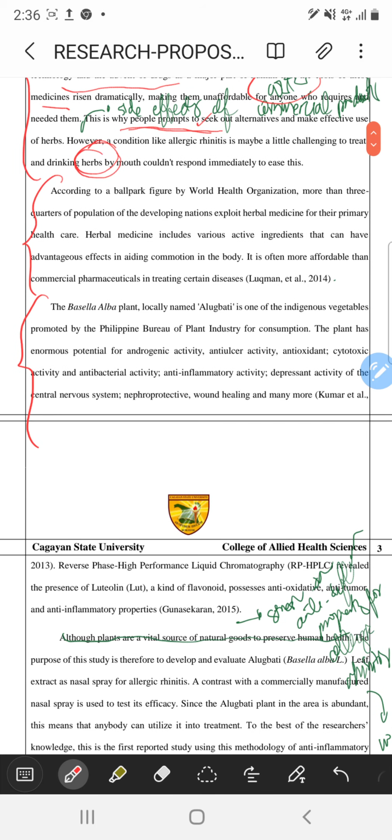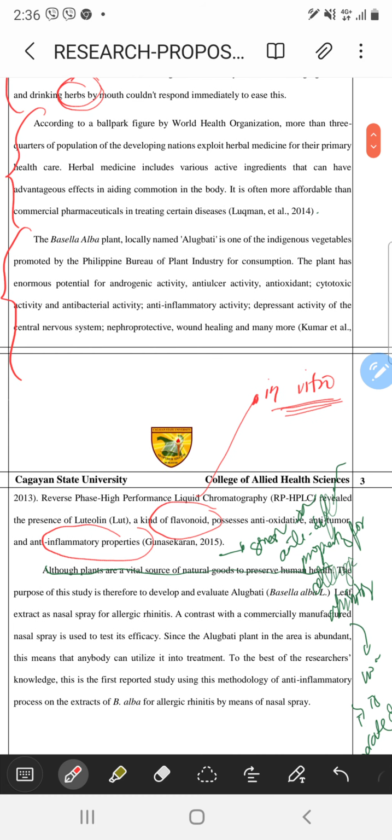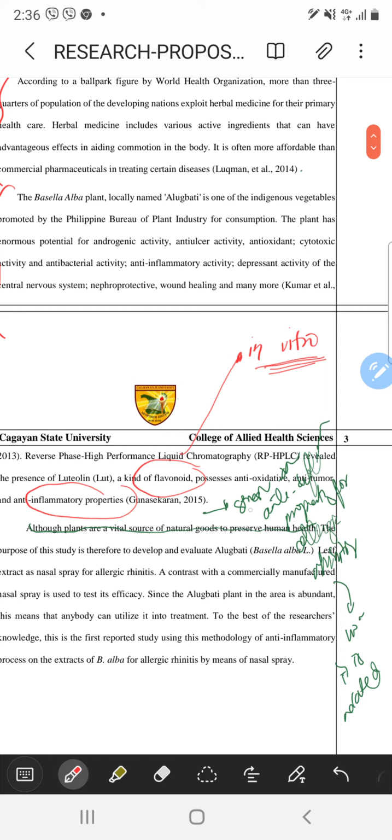You emphasize this anti-inflammatory property, and here in this part you can say that it has already been tested in vitro or other functions as anti-inflammatory agent. Ano bang nilagay ko dito? Hindi ko naintindihan yung nilagay ko dito.